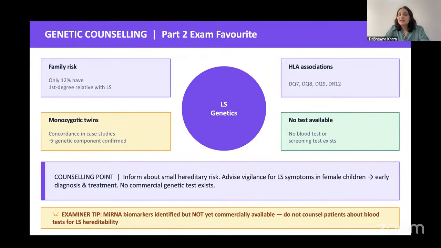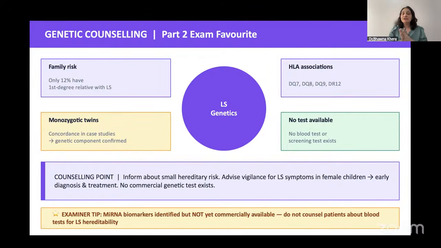HLA associations: DQ7, DQ8, DQ9, and DR12, that is the reason from an autoimmune point of view, but we do not have any blood test available as of now. Markers are there in study. Examiner tip, very important for part 1 students: miRNA biomarkers are identified, but they are not commercially available. So we do not need to counsel the patient about blood tests for lichen sclerosus.